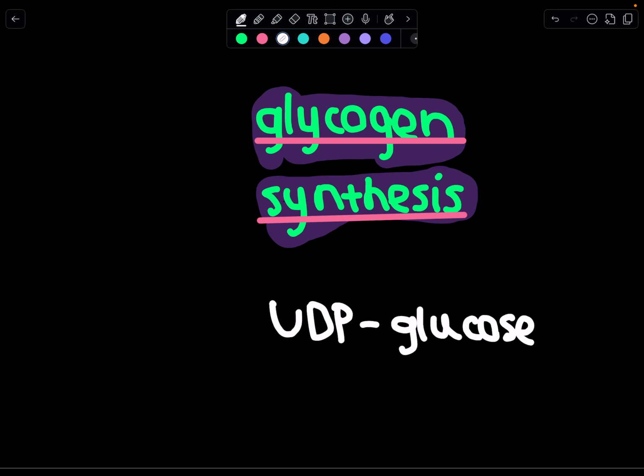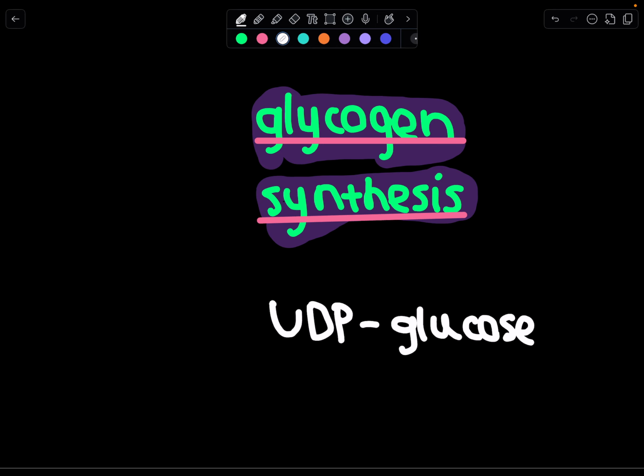UDP-glucose is a high-energy molecule formed in the cytoplasm when glucose 1-phosphate reacts with UTP, uridine triphosphate, via the enzyme UDP-glucose pyrophosphorylase, acting as the activated glucose unit for glycogen synthesis. Glycogen synthase takes UDP-glucose and adds the glucose to the non-reducing end of a glycogen chain, forming an alpha-1,4 glycosidic bond, releasing UDP in the process.